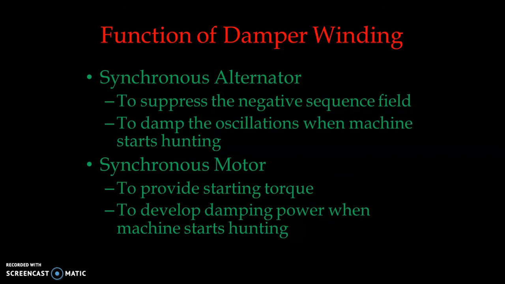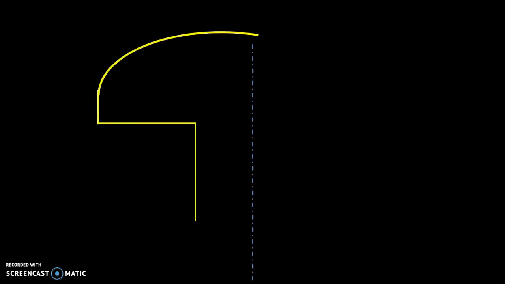So if functions are clear, then position of the damper bars or damper winding should be very much clear. So we have here drawn a cut section of the salient pole. One of the salient poles we have drawn here. So this is our damper bars.